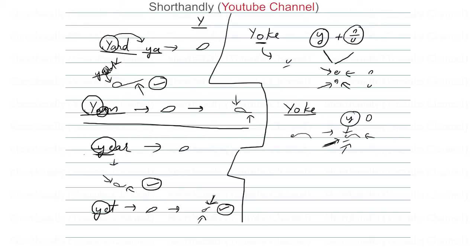Now suppose we have another word called youth this time. Youth. So see, if you can pronounce it, it goes like youth. So we have this oo sound now, so we make what we call the oo hook, which is this one, to represent our oo sound, oo hook and a dash, right?